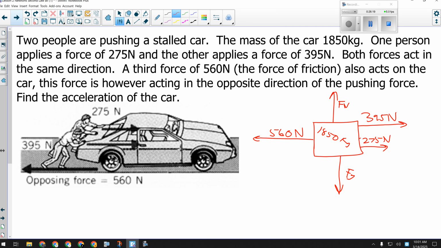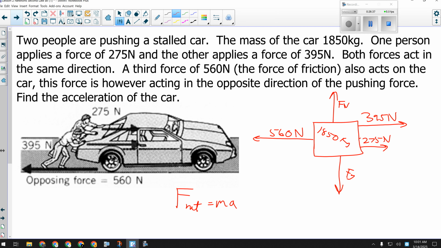We want to find the acceleration of the car. So before I can find the acceleration of the car using this formula, I need the net force.